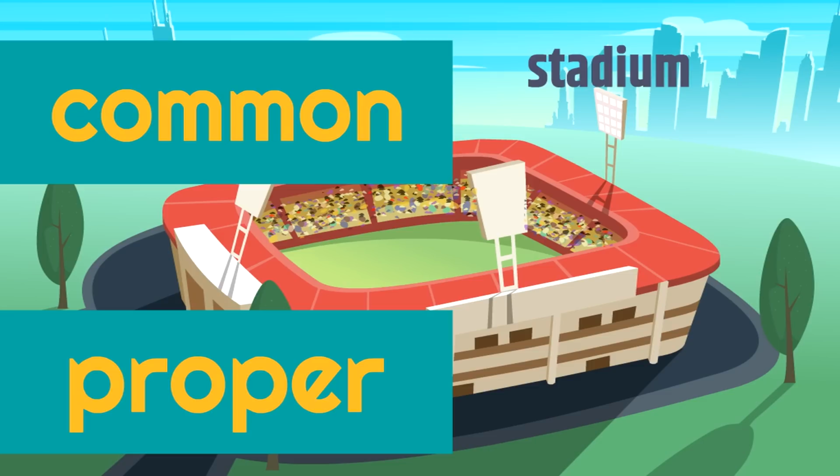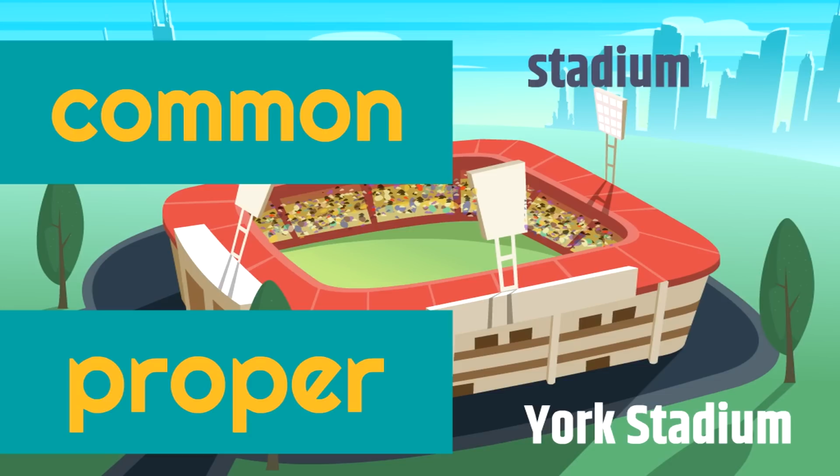But let's say the specific name of this stadium is York Stadium. York Stadium would be the proper noun. It's the specific person, place, or thing. The common noun is stadium. It's the type of thing that this is. York Stadium is the proper noun because it's the specific thing that this is.